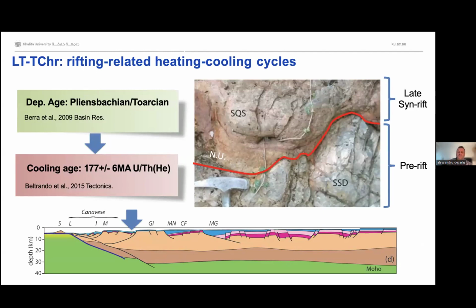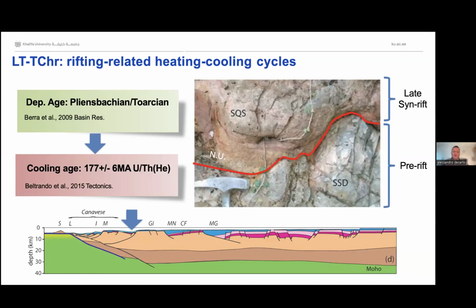This is an example. We explored a basin that was placed on top of an exhumed zone, so it was floored by a detachment fault. What came out is that we had a depositional age, which was proven by fossil content.